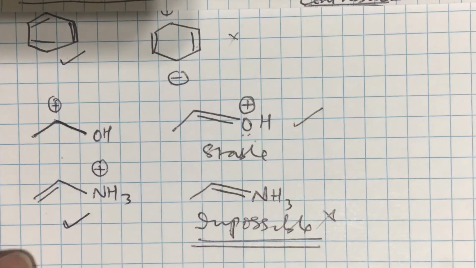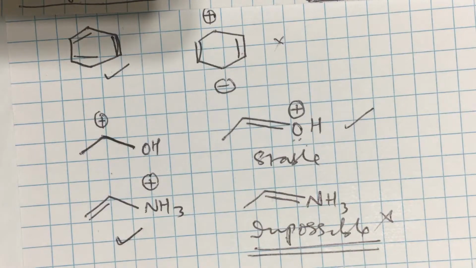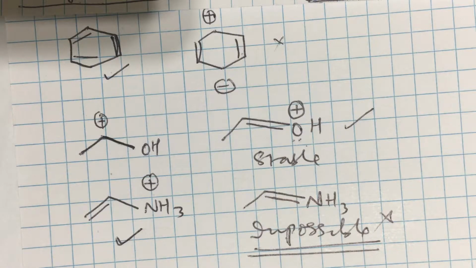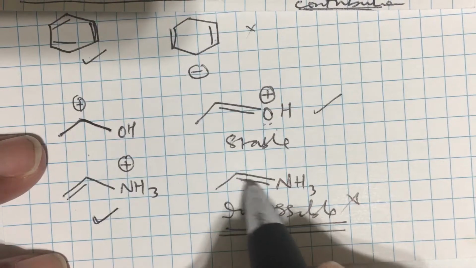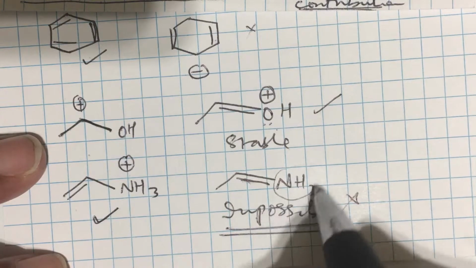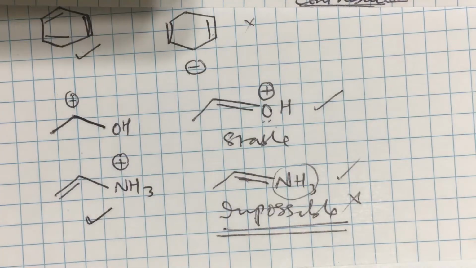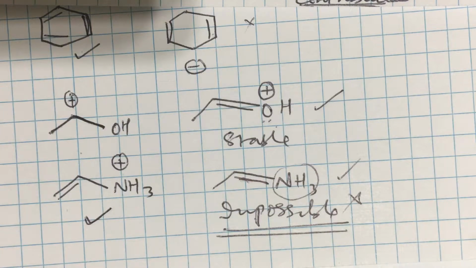You understand? Therefore, the first and most important priority you should give is to the form which has no charge and more pi bonds. Second importance is for whether every atom has an octet. Third is whether it is violating the rules of valency. Normally they will give you canonical forms and ask which is more contributing and more stable. You should be vigilant. That is a very commonly asked question.